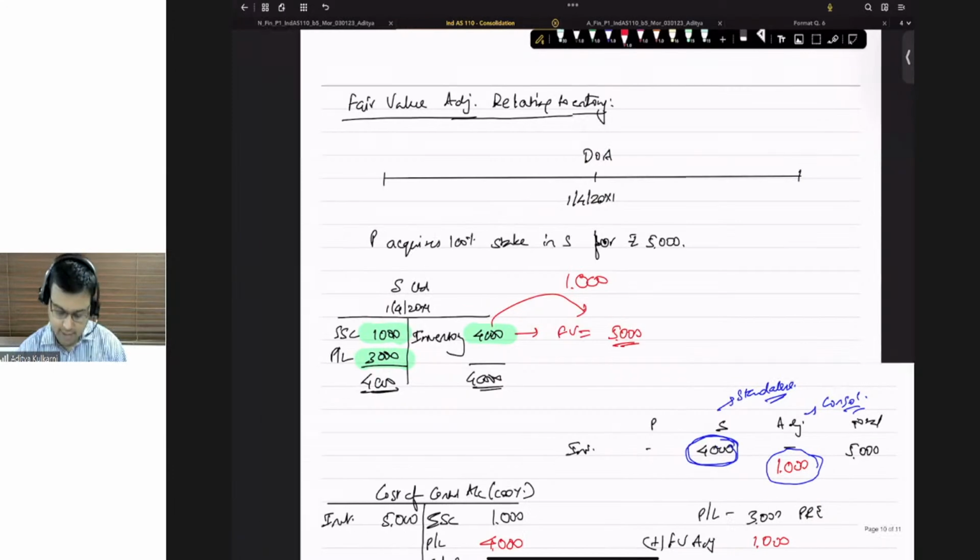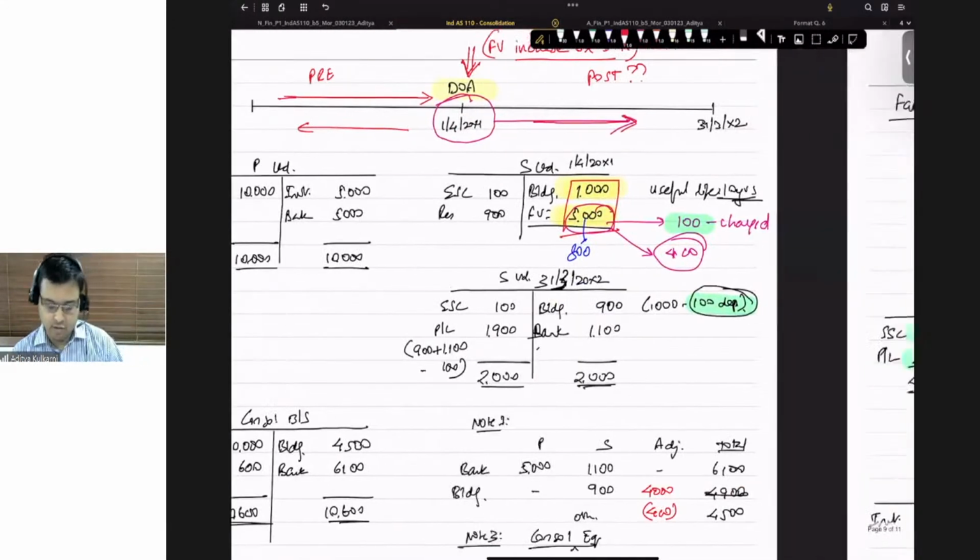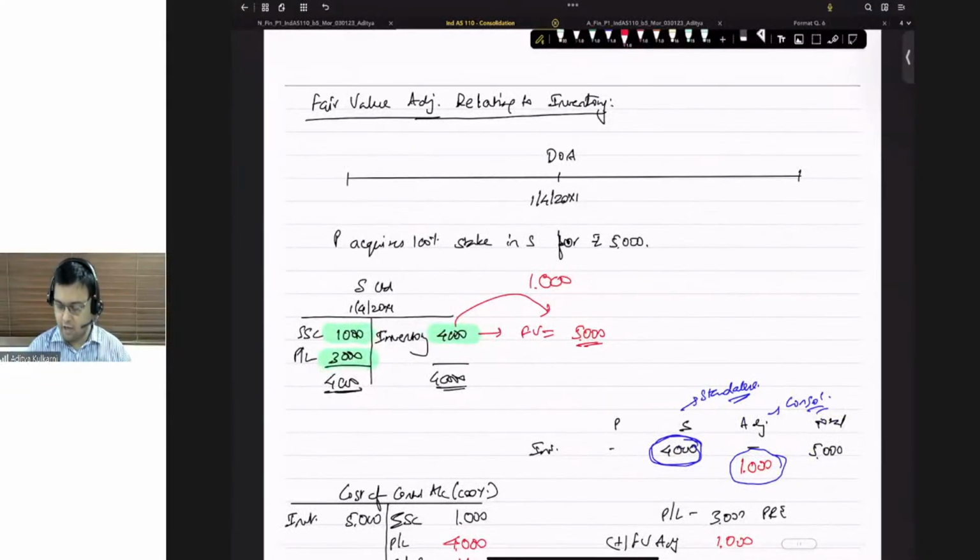Okay, guys. So let us come back to the fair value adjustment relating to inventory. See, you understand the entry, the concept you understand. The fair value adjustment impacts is very simple. Once you see the theory summary that we have written, all the impacts are very, very simple.